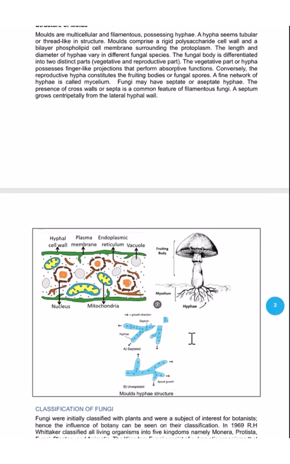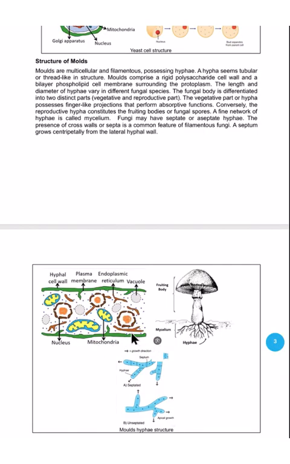As we can see here in the diagram, this is a normal hyphae. As you can see, it has a wall, a plasma membrane that invaginates into the inside, and endoplasmic reticulum. It has vacuoles, and the hyphae could have separate walls separating cells, or they could be all found in a single cytoplasm.